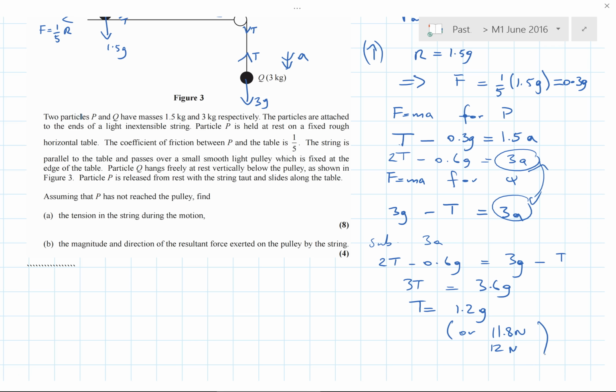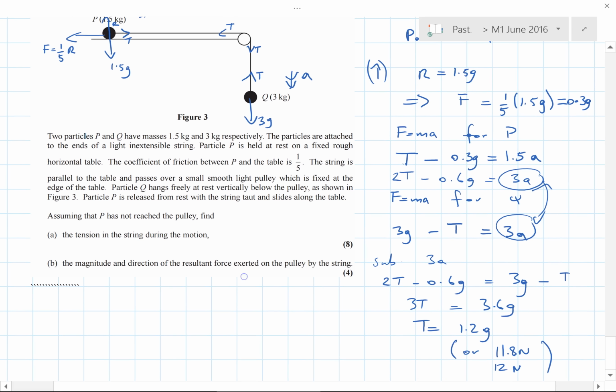I would imagine what a lot of people did, because we tend to do these things routinely in the same fashion, is work out a by adding these two equations together, eliminating T and going back to it. Doesn't really matter, but anyway, there we go, not hard.